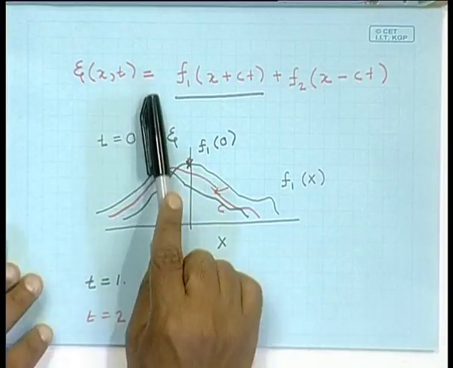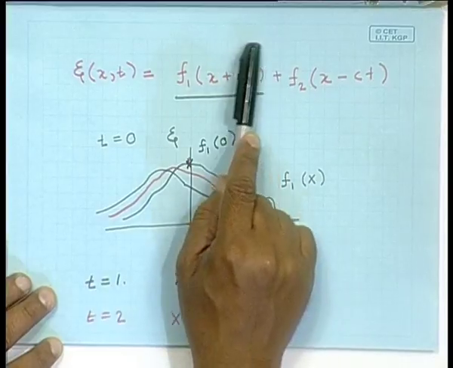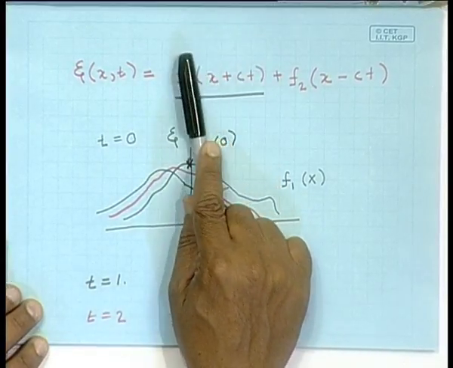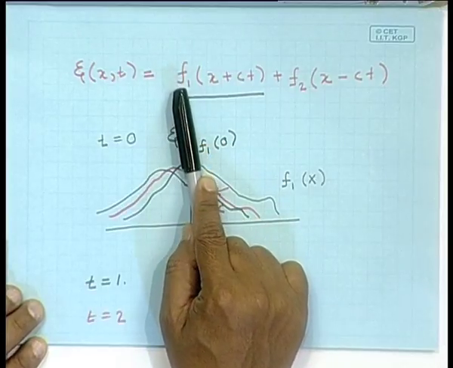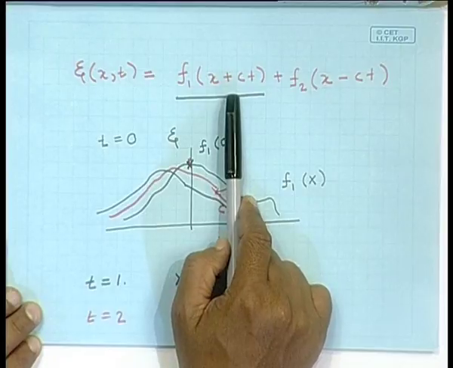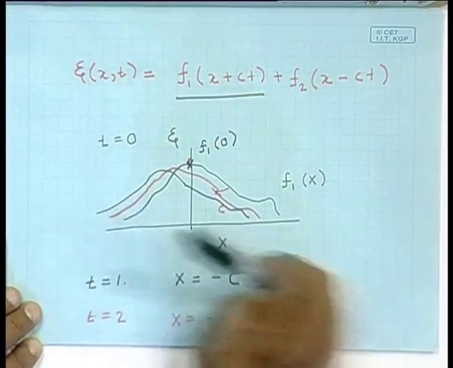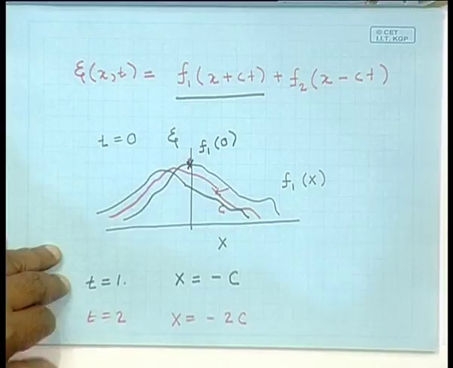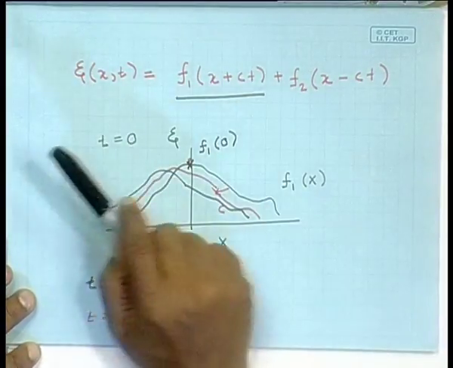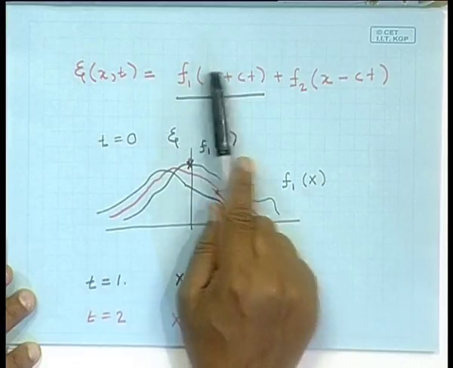So, what we see is that this part of the solution represents a wave propagating to the left at the speed c. Let me repeat again, we have determined a general solution to the wave equation, and the general solution we found is a sum of two parts.